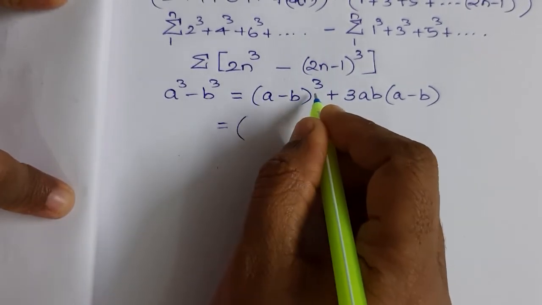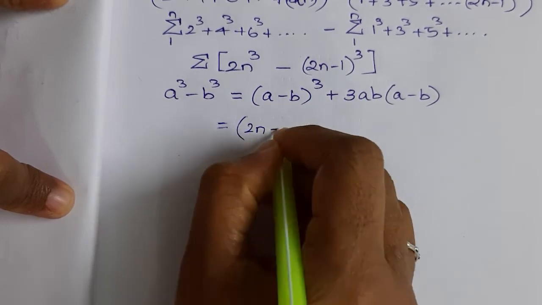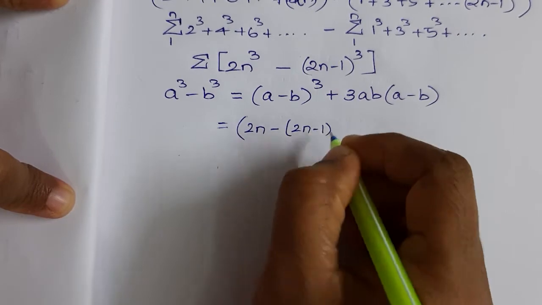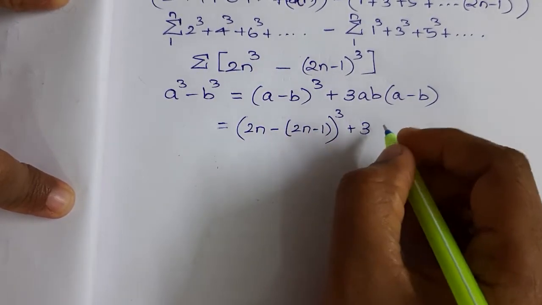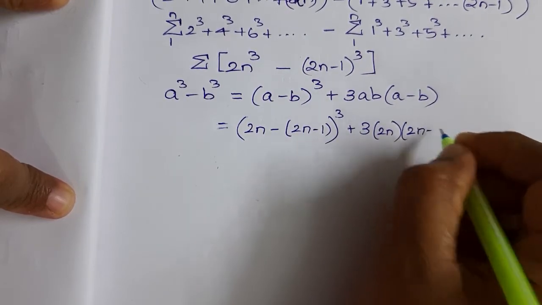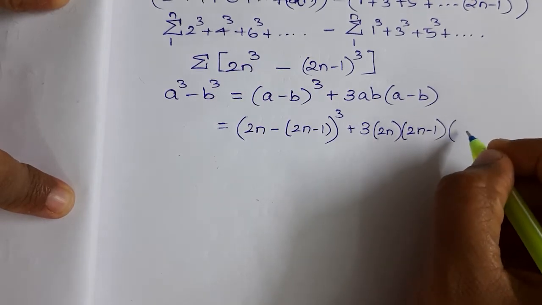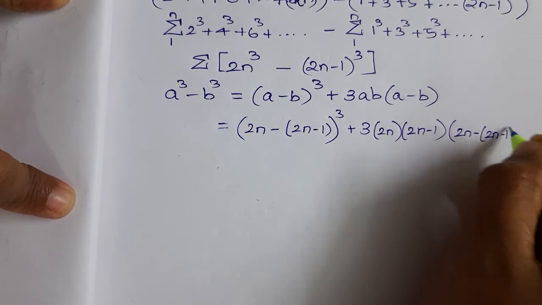So (a minus b) the whole cube. The value of a is 2n, the value of b is 2n minus 1, so the whole cube is (2n minus (2n minus 1)) whole cube, plus 3 into the value of a is 2n and the value of b is 2n minus 1, into (a minus b). A is 2n, b is 2n minus 1.